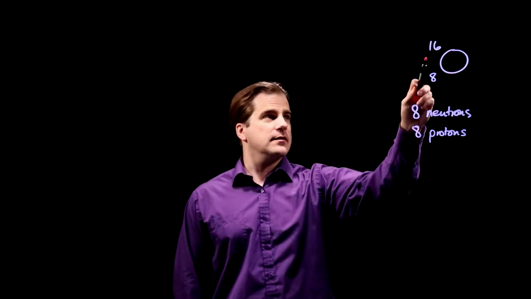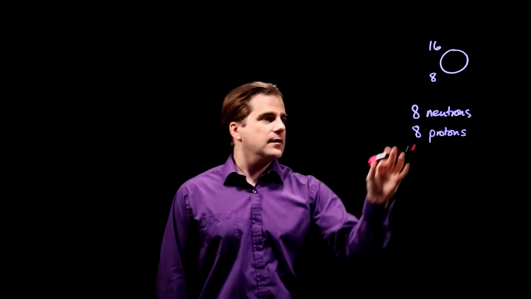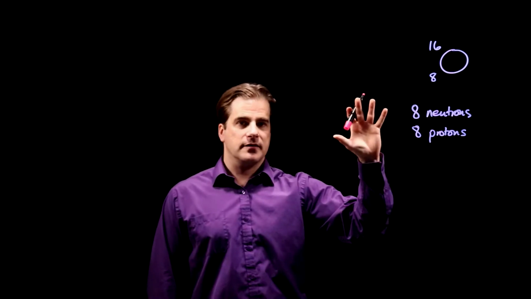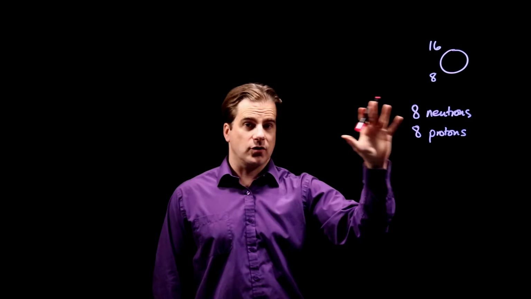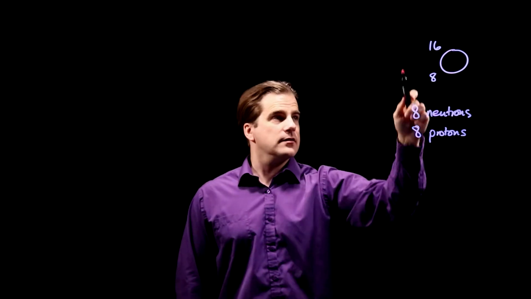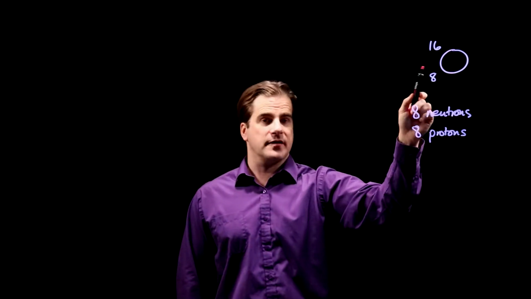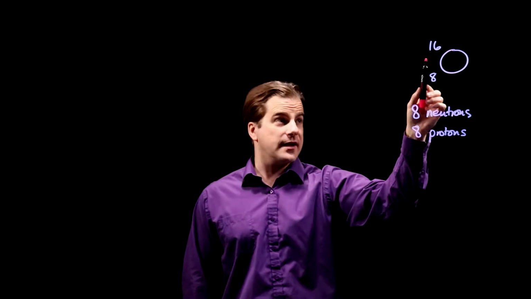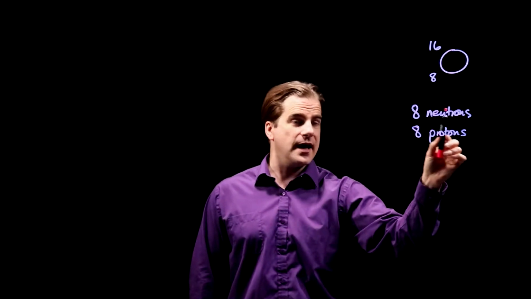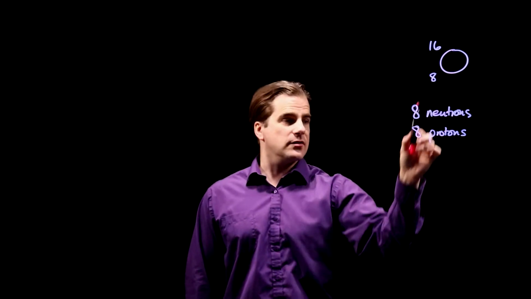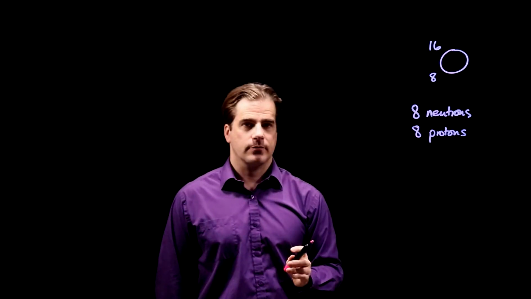That's why the mass number is 16. Don't just say that the number of protons and neutrons is 16. It's not enough. Talk about this specific example they've asked you about. In the case of oxygen, it's got 16 minus 8, which is 8 neutrons, and it's got 8 protons.